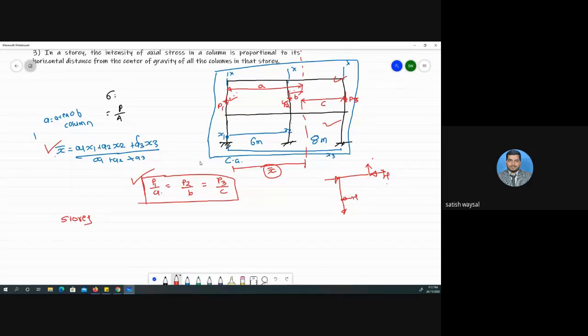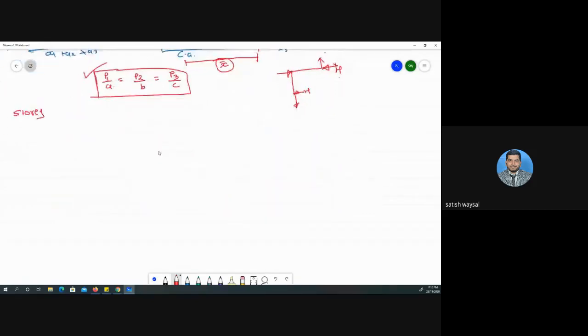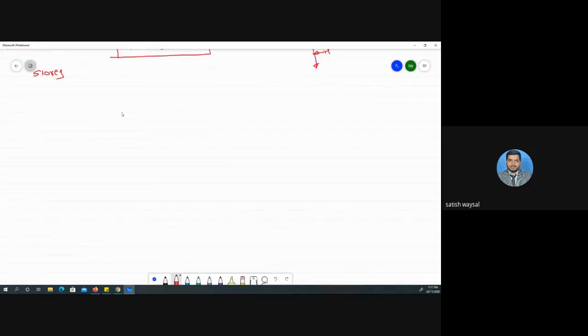Is it necessary to explain the concept of the cantilever method again? Okay, good. We'll go a bit more slowly.